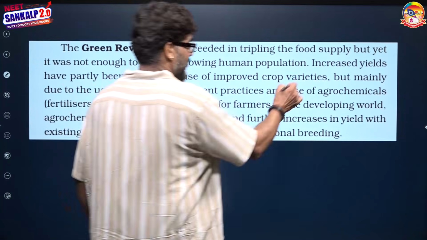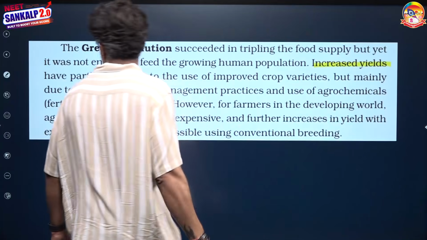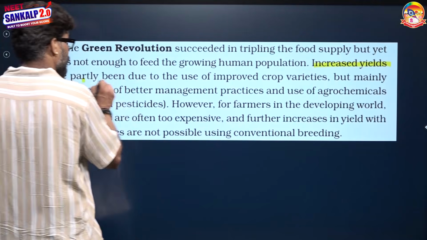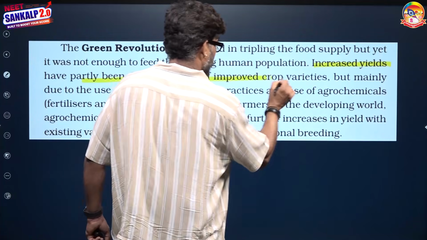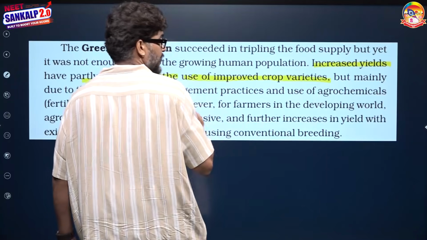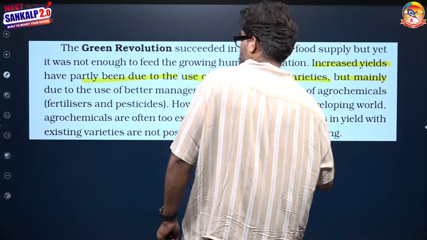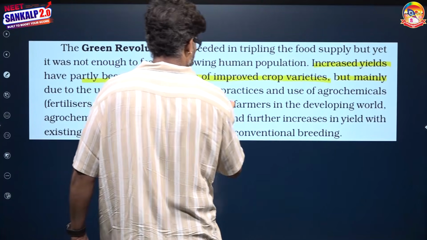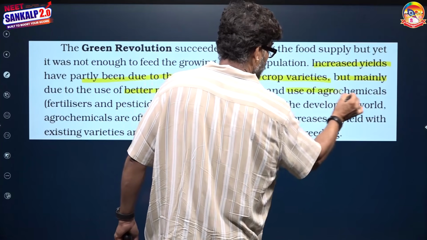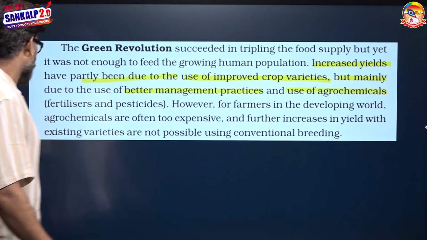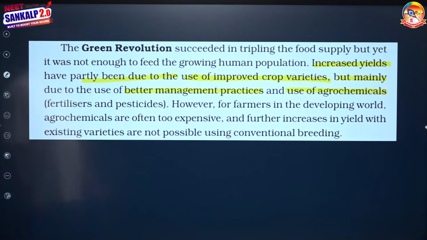The increased yield by the Green Revolution was partly due to the use of improved crop varieties, but mainly it was due to better management practices and use of agrochemicals, meaning fertilizers and pesticides.